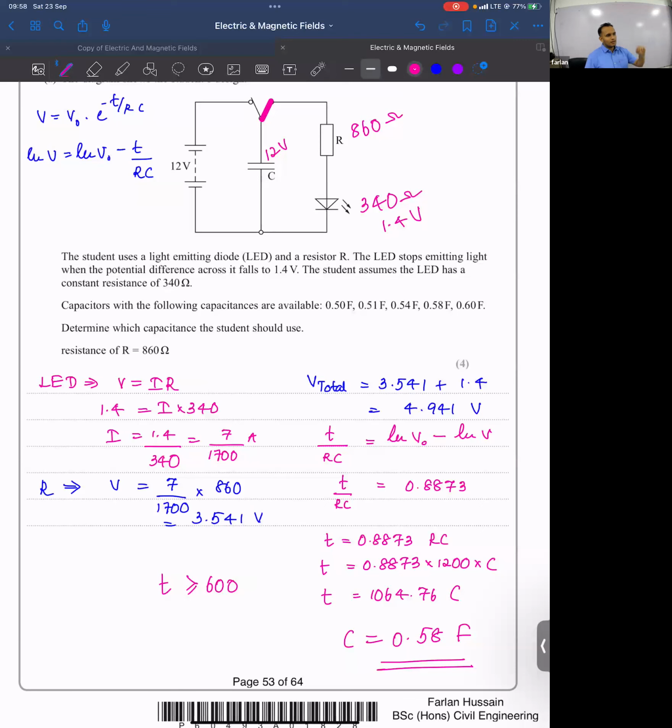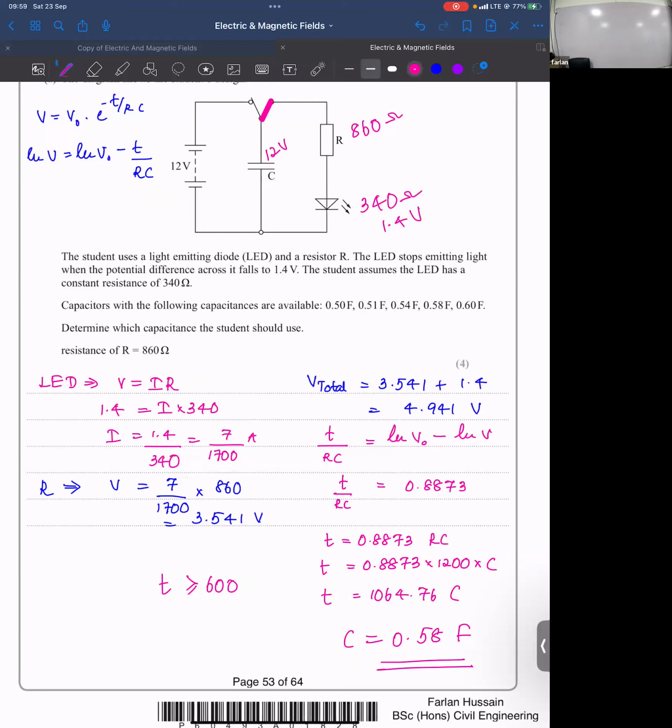Don't just copy it. Give yourself a minute and try to absorb it. T equals 600, and what is the critical value of the C? 0.56. Yeah, that's the way.